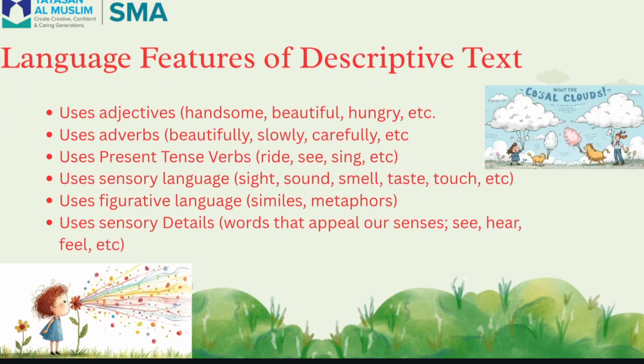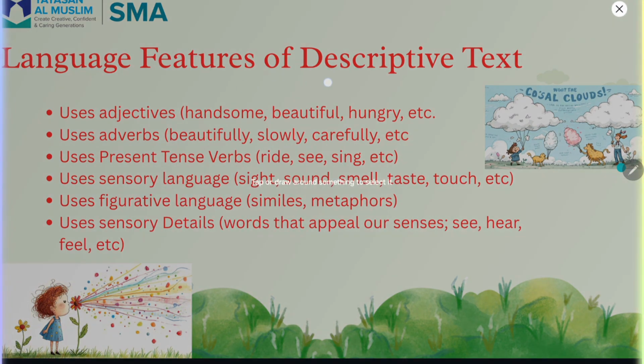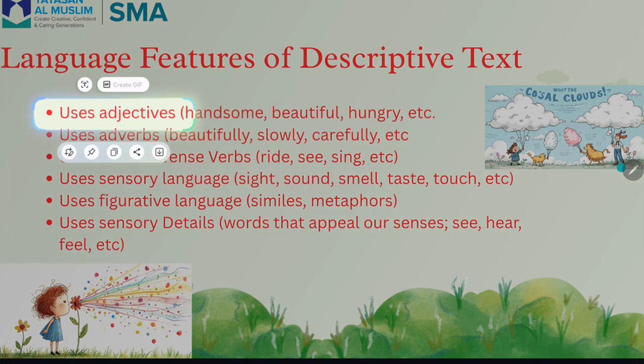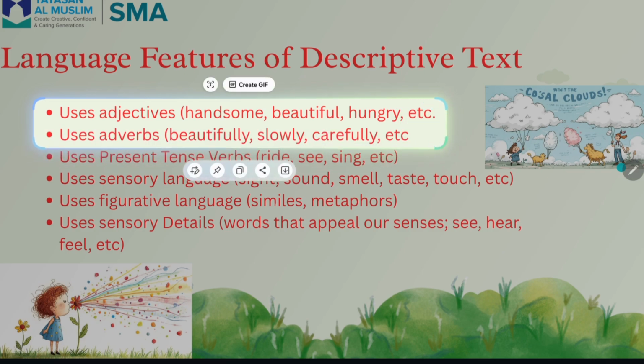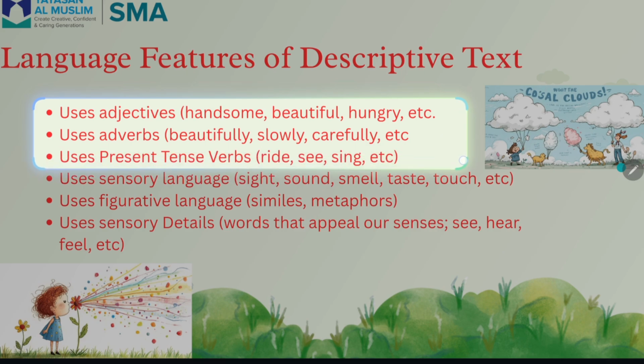The next one is language features of descriptive text. The language features of descriptive text sometimes have so many parts, but here I just want to emphasize that we usually use adjectives, adverbs like this one, and present tense for the verbs in the text.